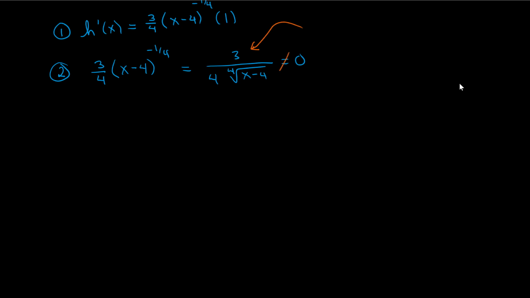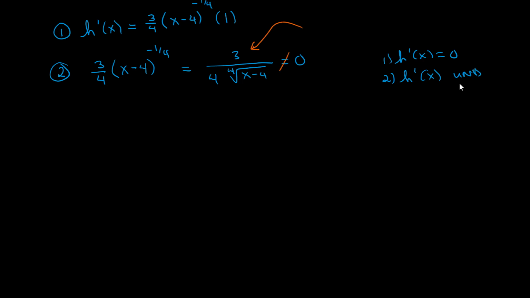If you'll think back, in the previous video, we talked about critical values or critical points occurring in 2 situations. One of those situations is where the derivative equals 0. The second situation is where the derivative is undefined.